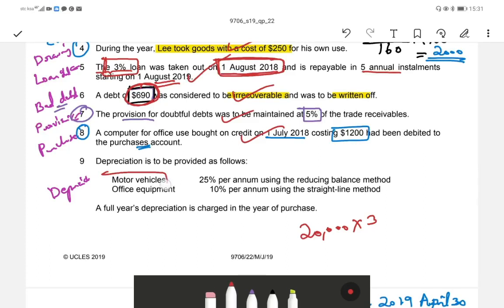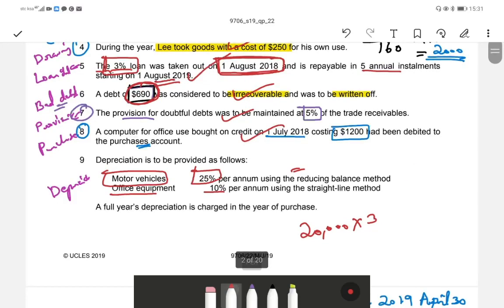Depreciation motor vehicle 25% and office equipment 10%. Motor vehicle 25%, reducing balance method. Reducing balance method means we have to calculate on net book value, and straight line method means we calculate the depreciation on cost.